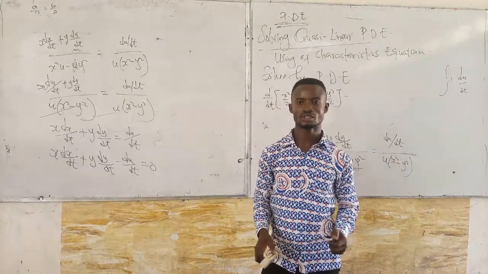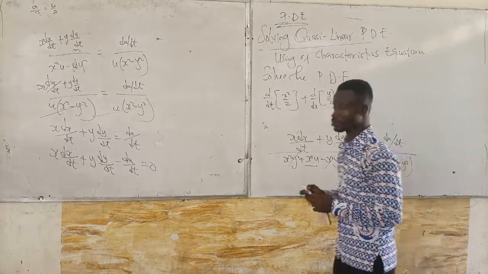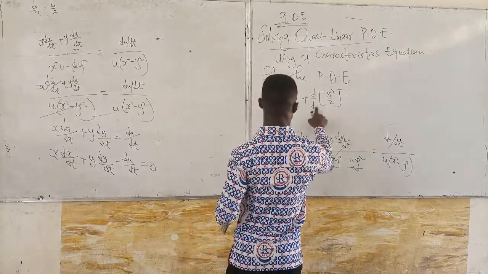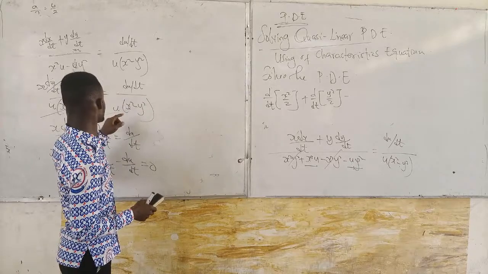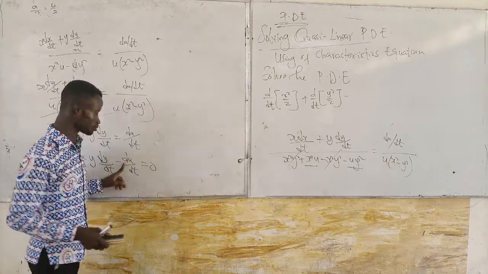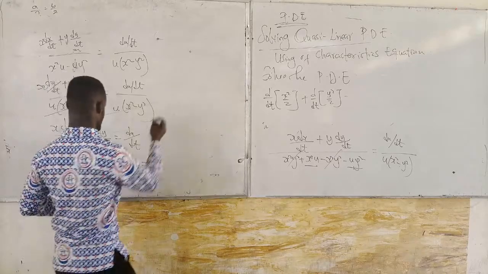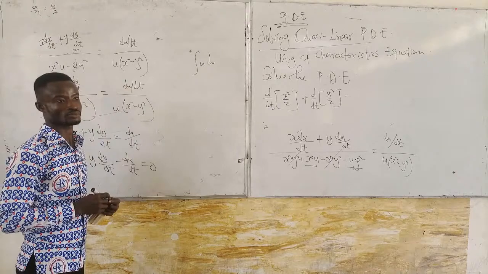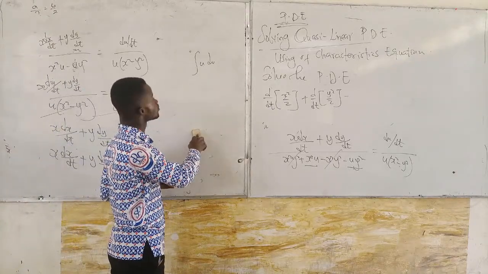So it will be u, the second one. The last one, this one, u. It's like this. Integral of one, not u.